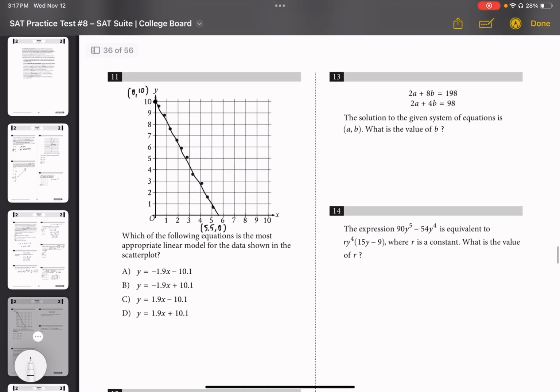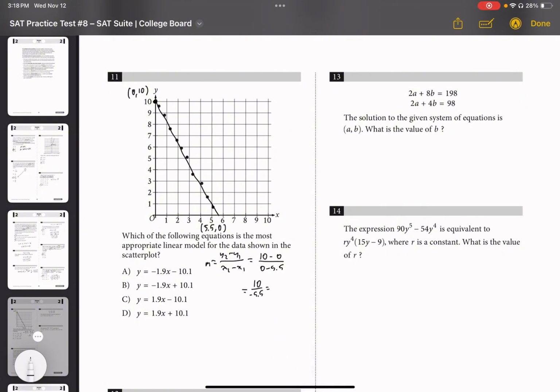So now we do our slope formula, which is y2 minus y1 over x2 minus x1, which will give us 10 minus 0 over 0 minus 5.5, and this is equal to 10 over negative 5.5.